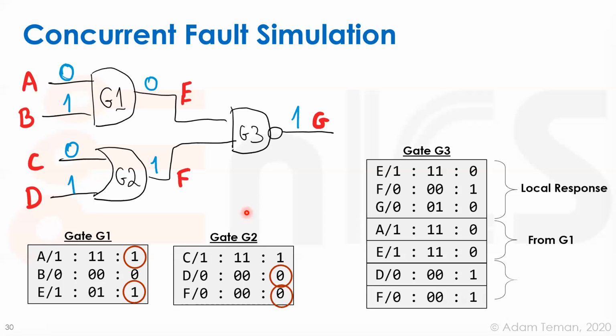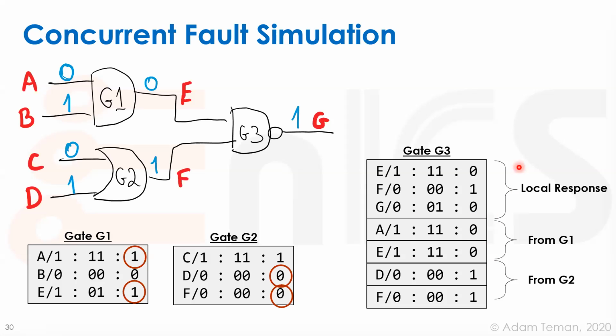And F stuck at 0 also. So what we see here, we propagated this, and since this is the output of our circuit that we can observe, okay, we have all this list. We should have a 1 at the output, but these four failures give us a 0 at the output. So those 4 failures are the fault list of this vector.